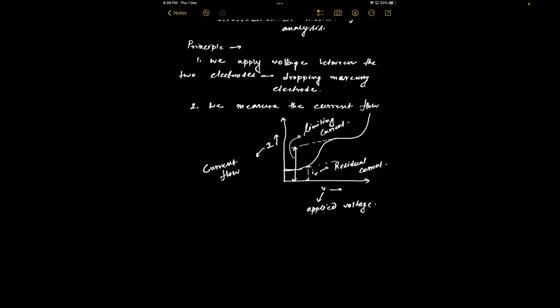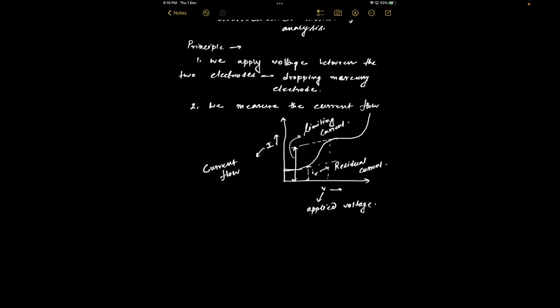So in the absence of any particular substance, there is some current flow between the two electrodes. So that's why we call it a residual current. And the limiting current is after applying a certain voltage, let's say after this voltage, the current flow actually reaches a kind of steady state. So that's why we call it limiting current.